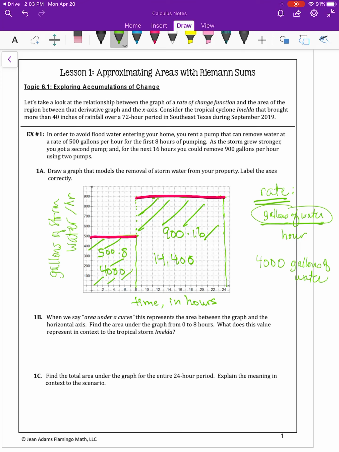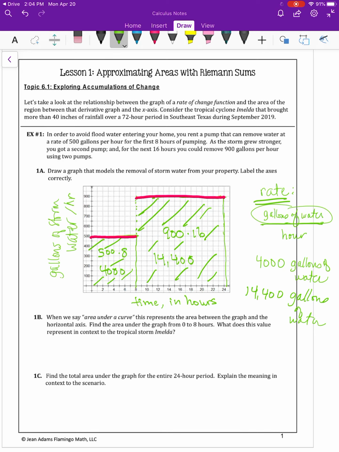Okay, so when I'm calculating this area, and here's my curve. I'm going to put my curve in pink. That's my curve. So when I'm calculating the area under the curve, and I calculate 4,000 here and 14,400 over here, that is going to be the y value of your numerator.